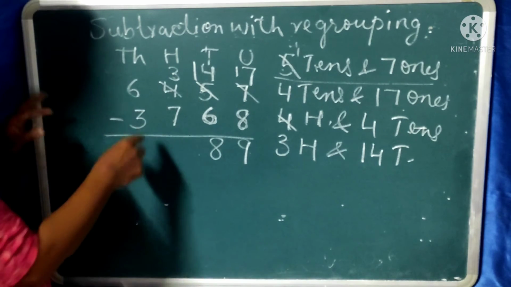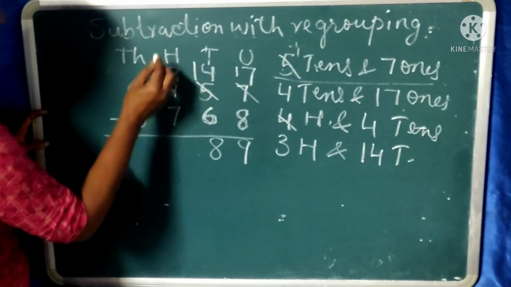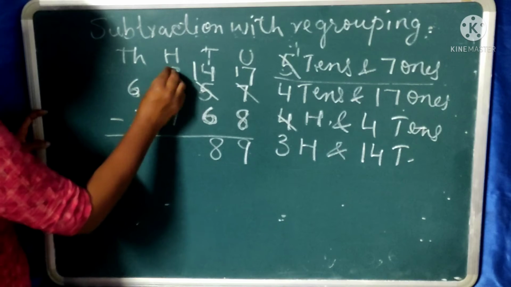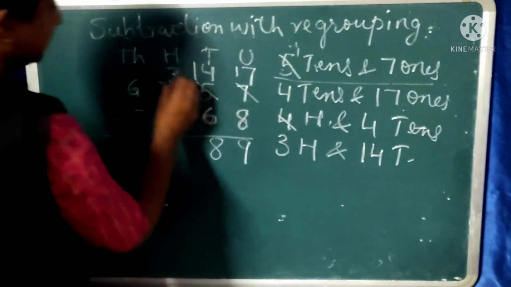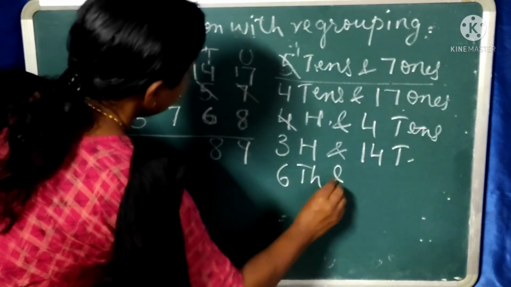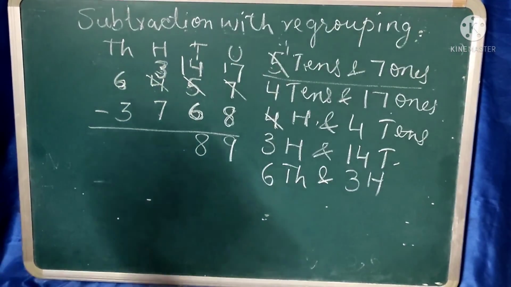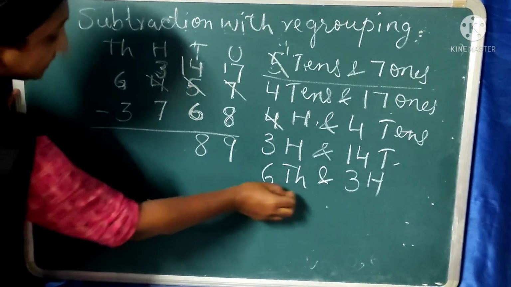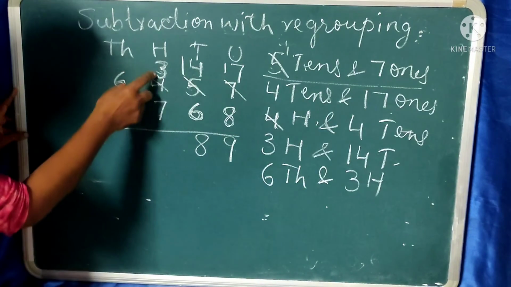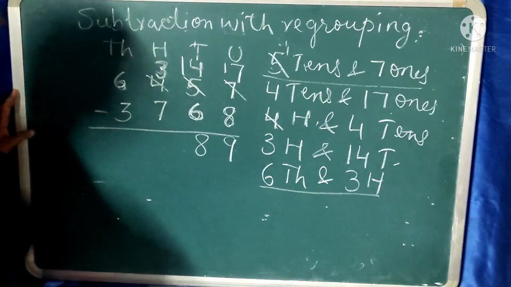Now again we have to regroup this 3 tens, 300s and 6,000s. So we have to regroup these 6,000s and 300s.